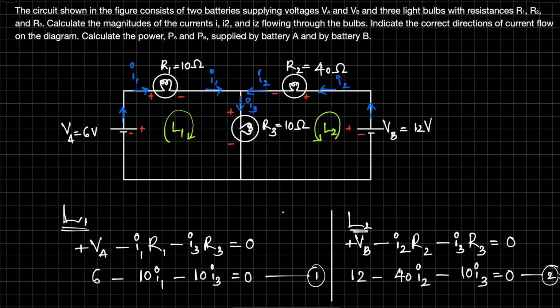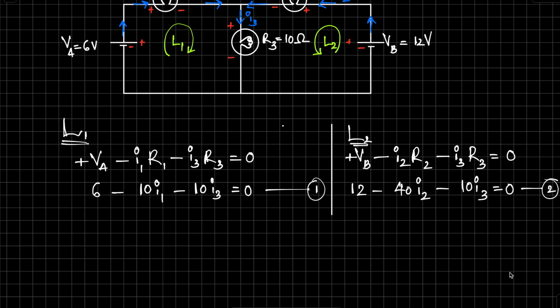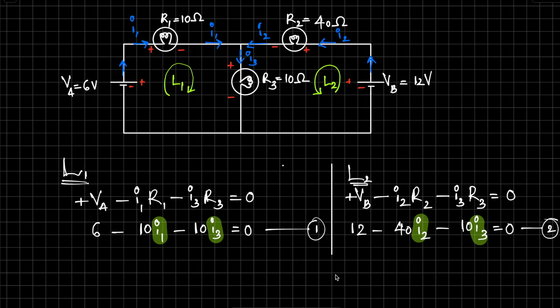We have two equations, but we have three unknown variables. We have I1 here, I3 here, I2 here, I3 here. I'm going to write one more equation, but this time I'm going to use junction rule. There are two junctions in this circuit. This is the first junction, J1.